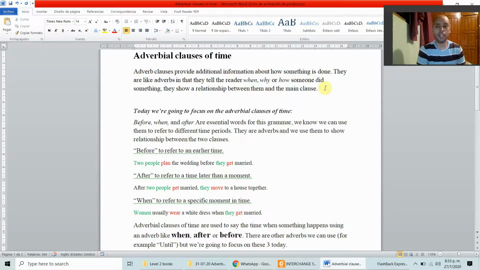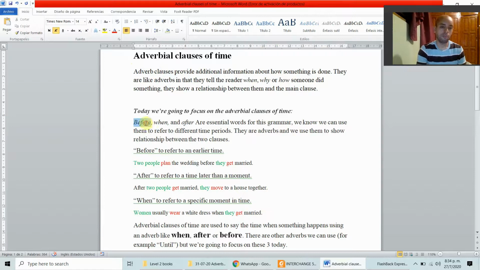So these are clauses, or in other words, sentences that have a relationship between them and the main sentence, the two sentences in this case. But today we're going to focus only on the adverbial clauses of time, which are part of the adverb clauses.